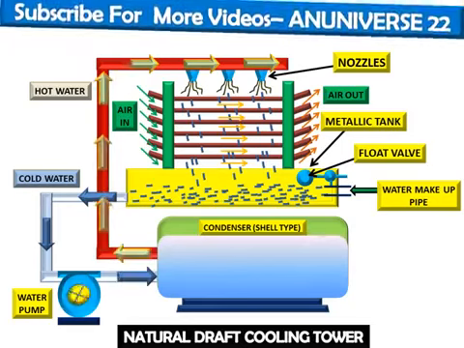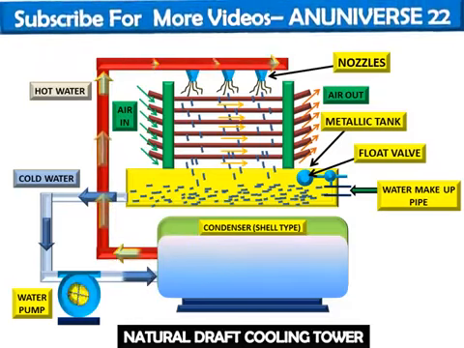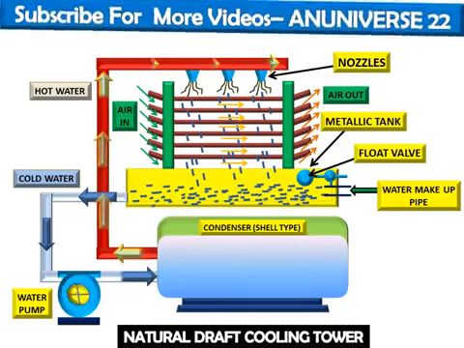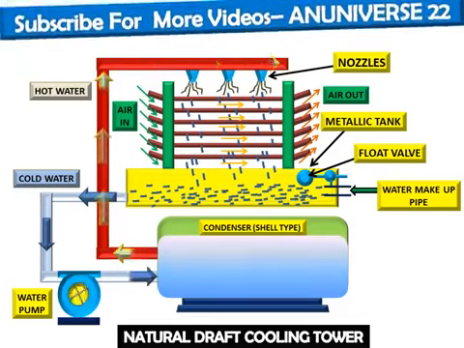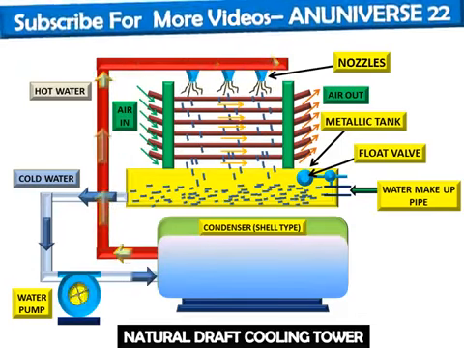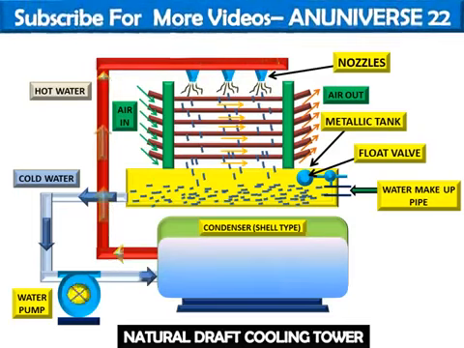When it is supplied to the spray header that is provided at the top of the tower, it is sprayed down into the tower. As we can see, this water is sprayed down into the tower through the nozzle.